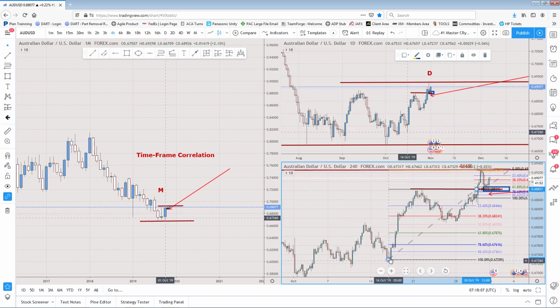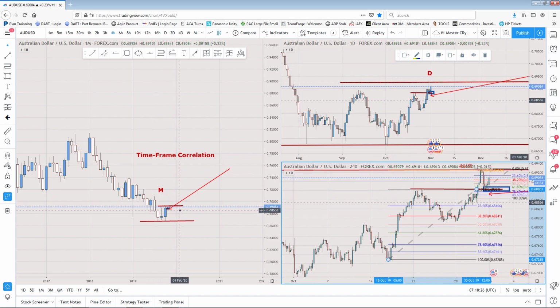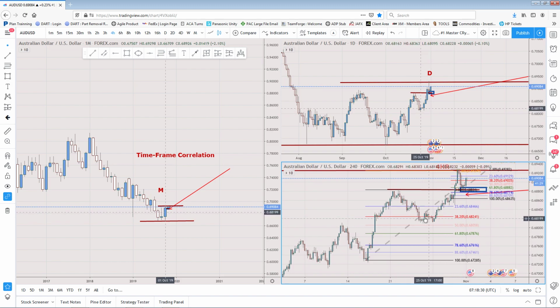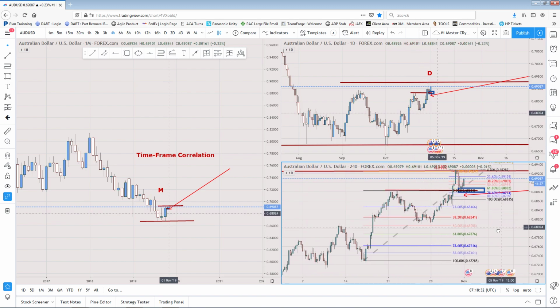So you can see here, we're trending upwards, and then we made a downtrend and we came to 31.8, and we struggled to drop below here, and we formed a bullish engulfing candle right here. So now we would possibly place a buy because our monthly's in a buy, our weekly's in a buy, and now our 4 hour's in a buy. And that's what time frame correlation is.